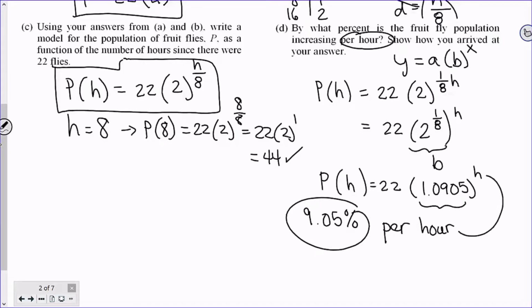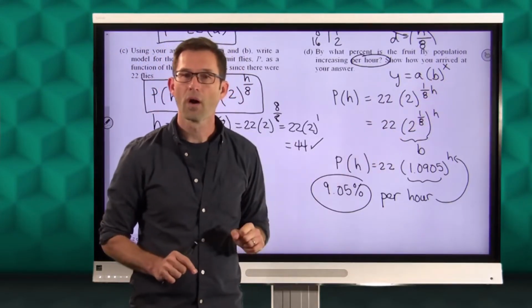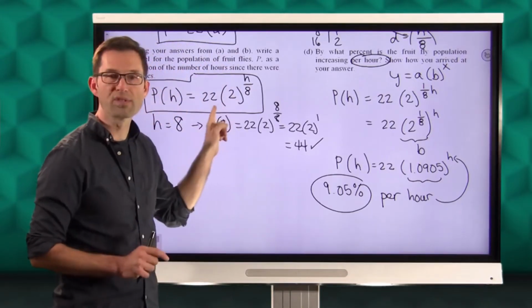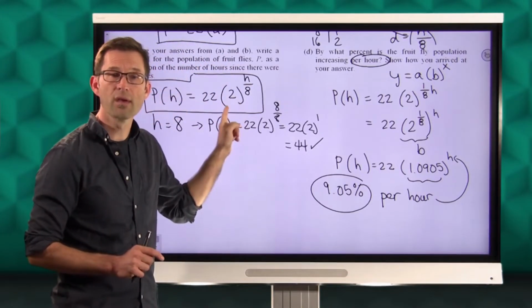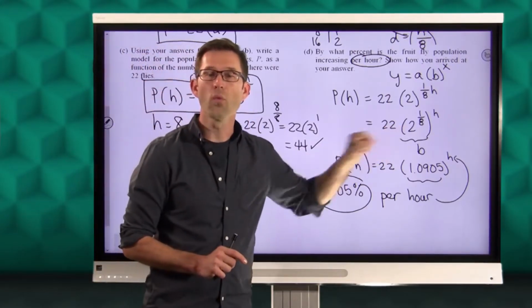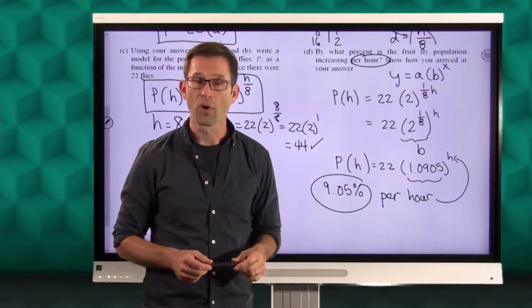How do I know it's per hour? Because that's now the time unit of my variable when it's written like this. I can't tell that it's increasing by 9.05% per hour when it's written like this. But as soon as I bring that 1/8 inside and I do the 2 to the 1/8, now I can determine what percent it's increasing per hour.